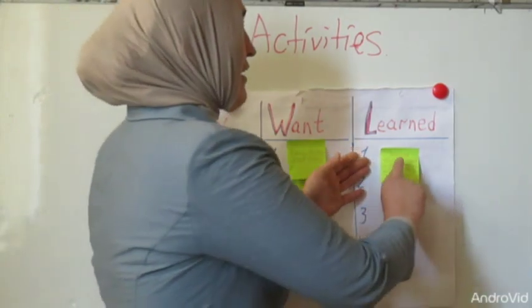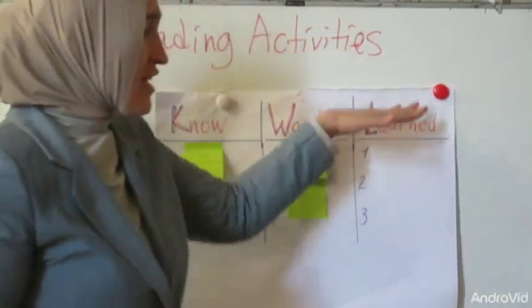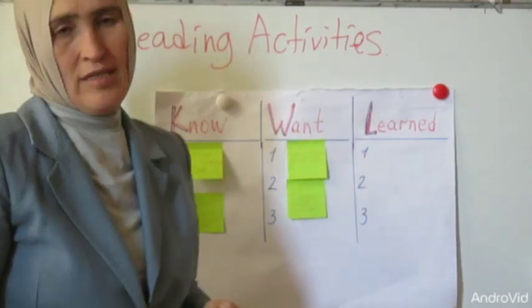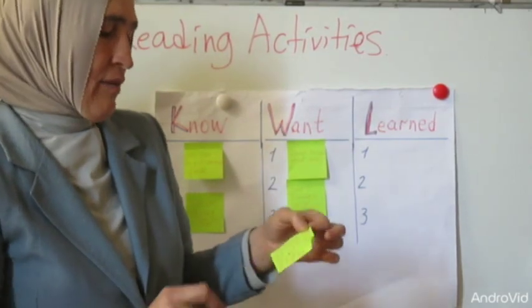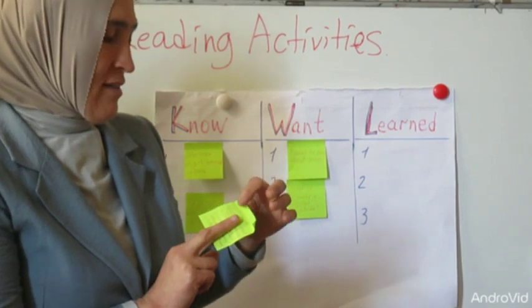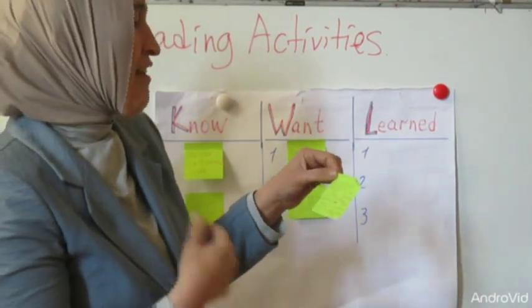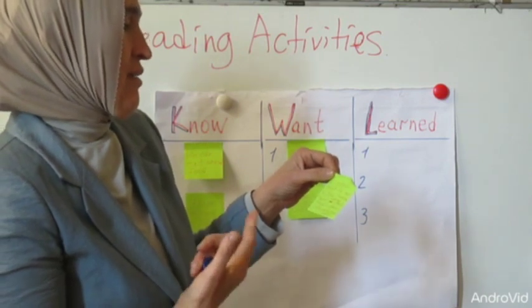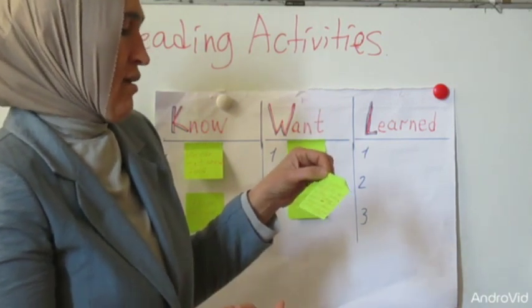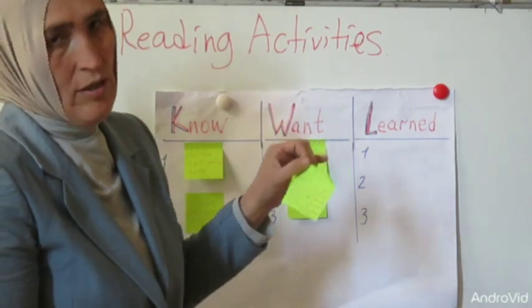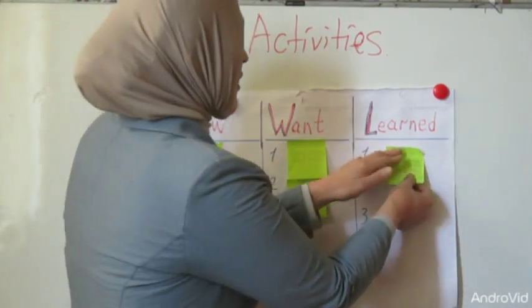And then this part can be done after reading, as a post-activity. We did it with my students, and here in the learned part, he wrote that I learned that to eat in the Ithaa Undersea restaurant, customers should wear special clothes to go to that restaurant.